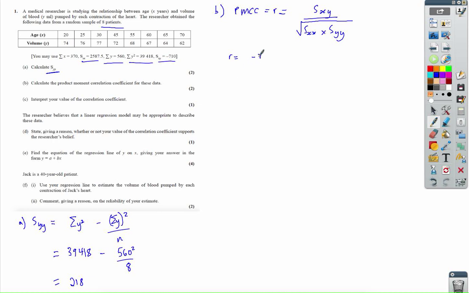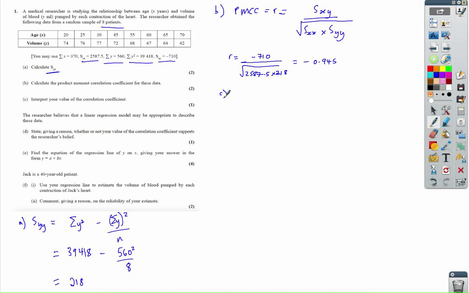So minus 710 over the square root of 2587.5 times, which one are we looking at? Syy, the 218 that you just got. Figure all of that out, stick it in your calculator to 3 significant figures.